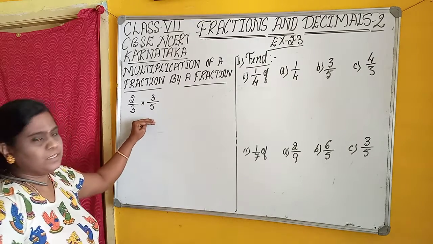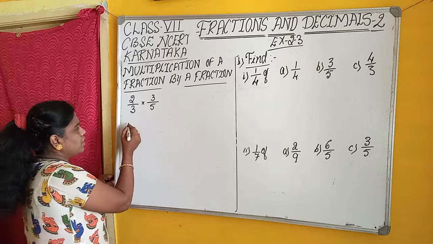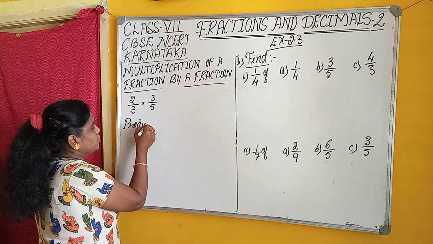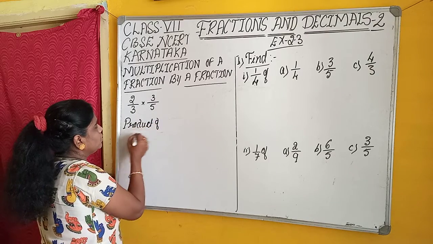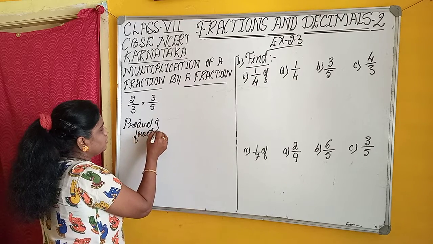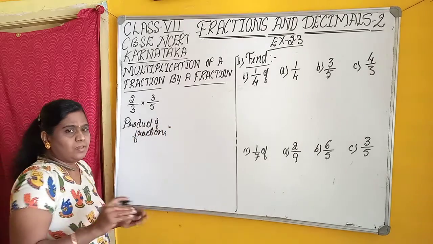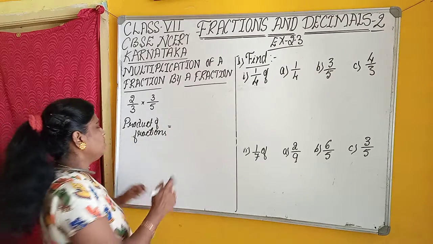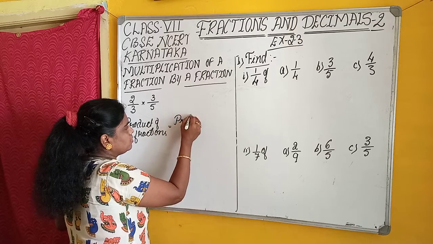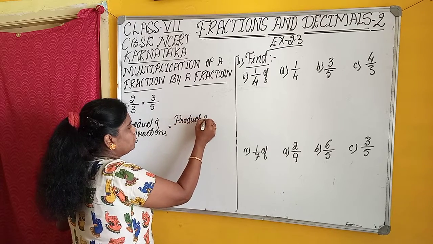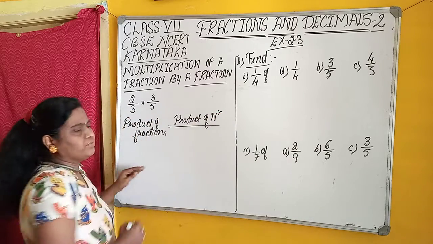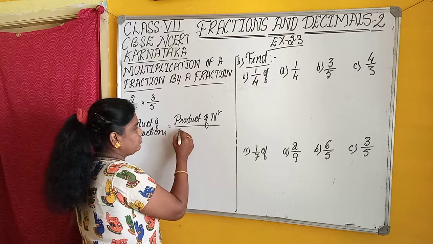While doing this multiplication, the main thing is that the product of fractions is equal to the product of the numerators by the product of the denominators.